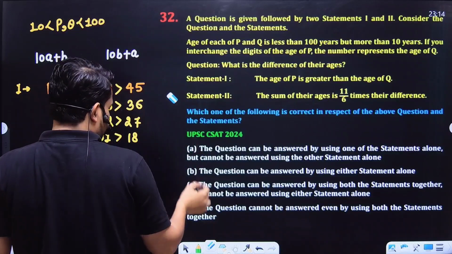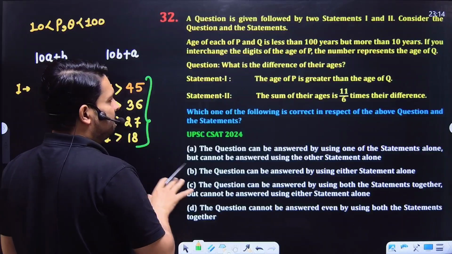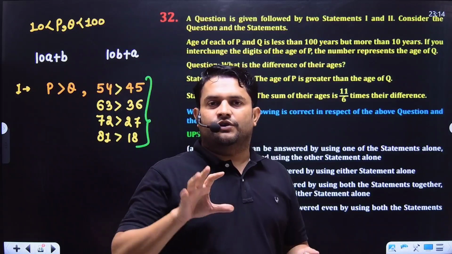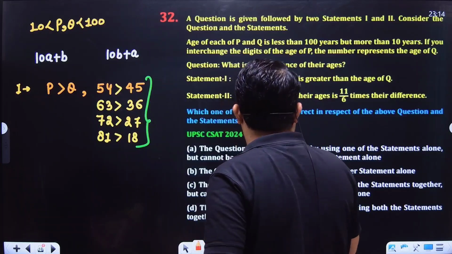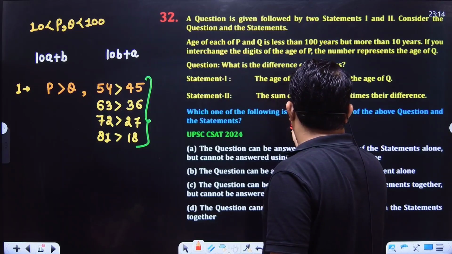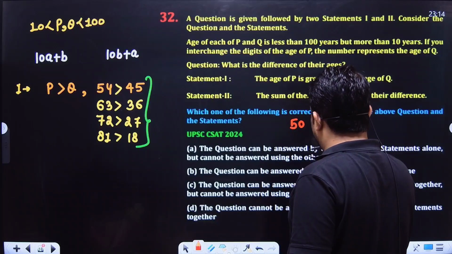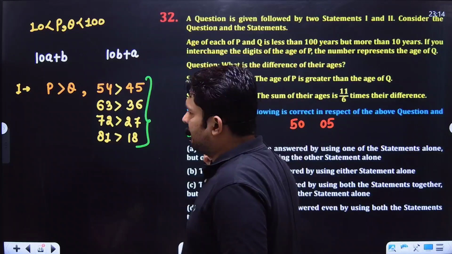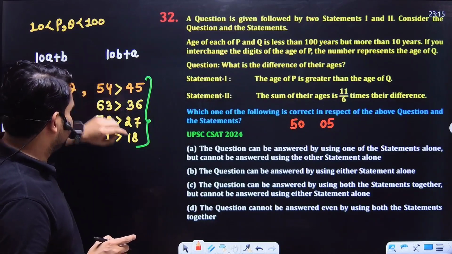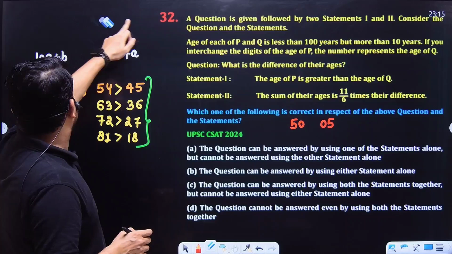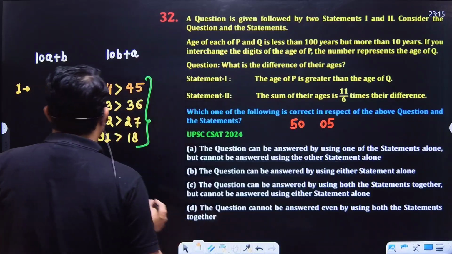These values came to my mind quickly. There are many values, starting from 51 and 15. They start from 51 because if I write P equal to 50, then Q will be 0.5, and I cannot take 0.5 as the age of Q, because both ages are greater than 10 and less than 100, as clearly mentioned here.